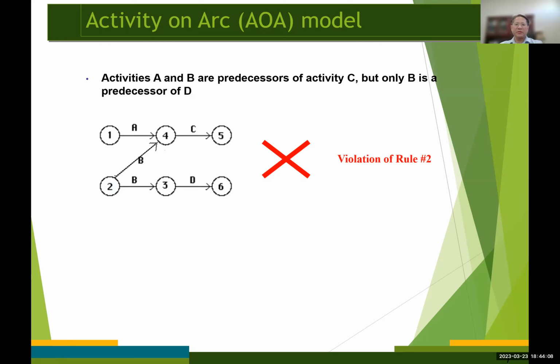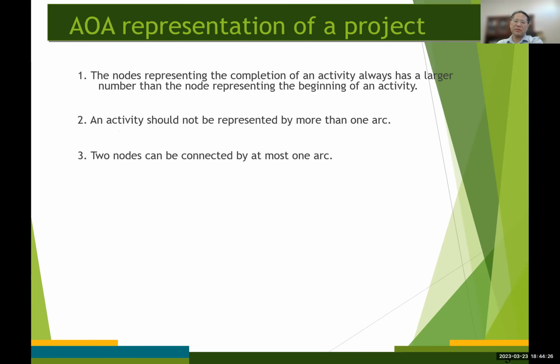And this network diagram also violates the second rule, I believe, because activity B is represented by two different arcs in this diagram, right? According to rule number 2, any activity on the network diagram should not be represented by more than one arc, okay?